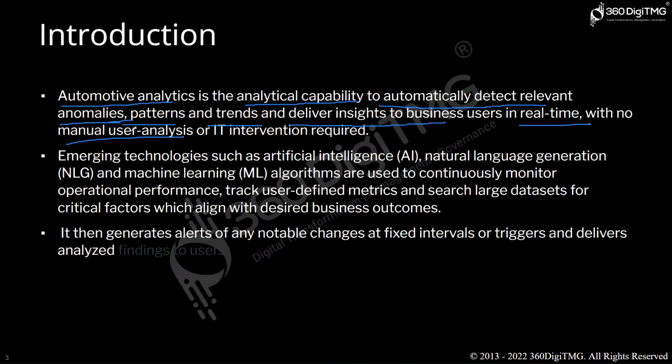So guys, automotive, the name itself says auto. So automotive analytics is the analytical capability to automatically detect. It's going to detect automatically without any interference of humans, guys. Some machines require automation, some machines require human interference to start.